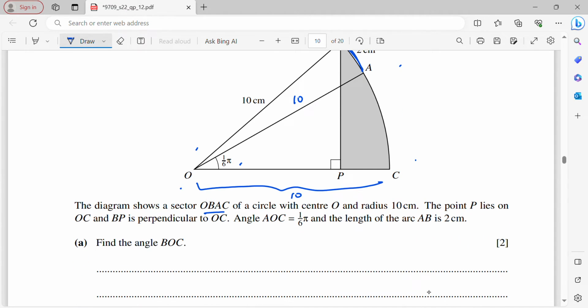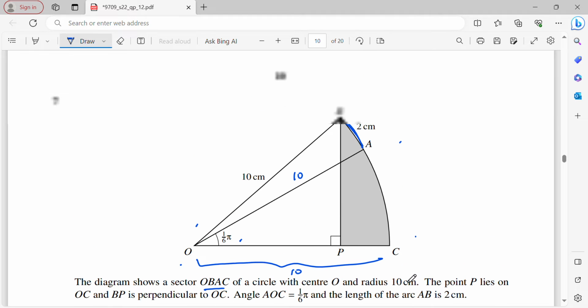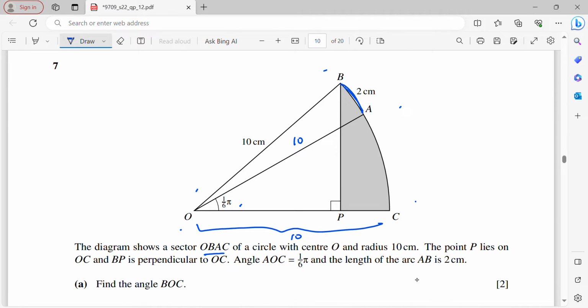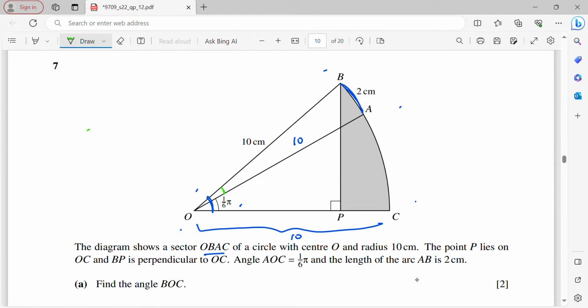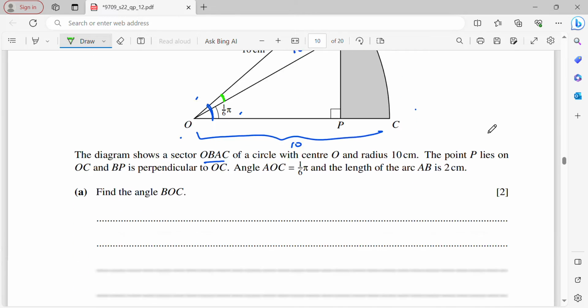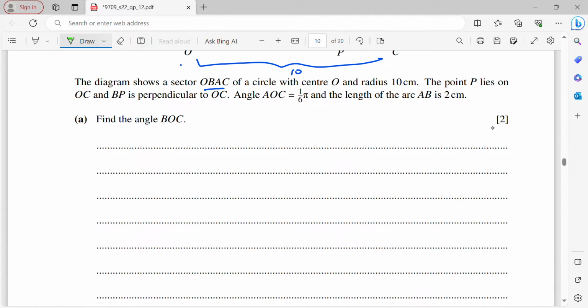Alright, now find the angle BOC. Where is BOC? BOC is here. Now we need to find this angle first by using this arc length 2. So BOA. Now, arc length formula is theta r.